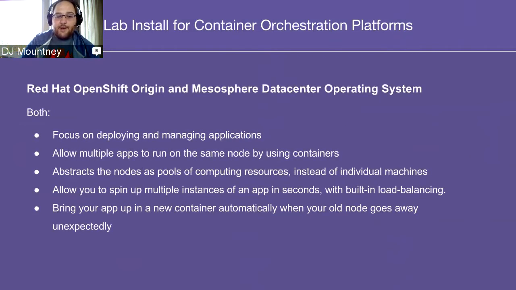They both allow you to spin up multiple instances of your app in seconds with built-in load balancing. An example of this is, say we were deploying just the GitLab application separate from its database and the Redis instance. Basically what we have on gitlab.com is our workers.